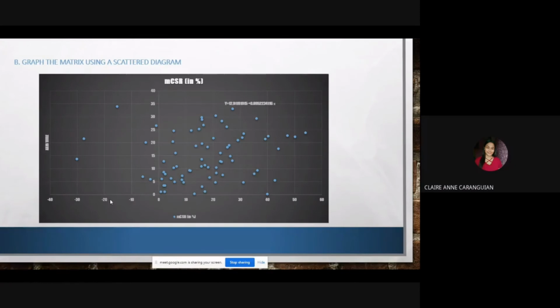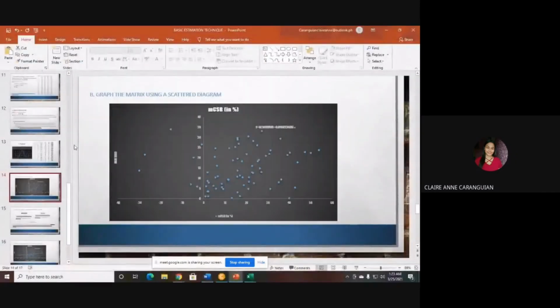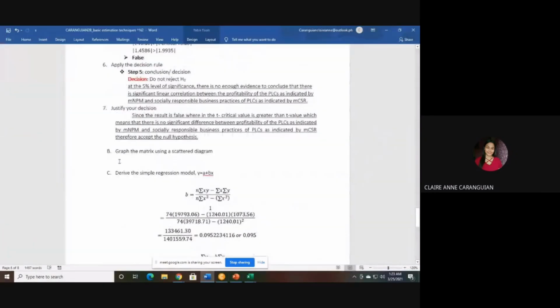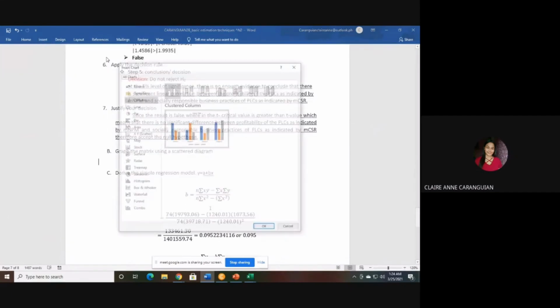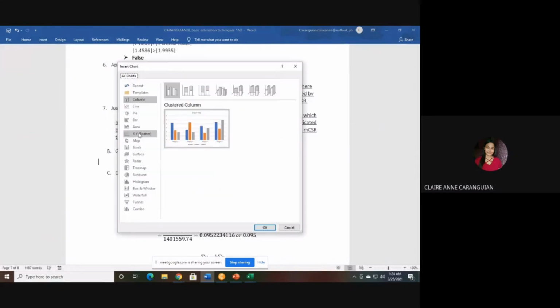So, the next requirement is to graph the matrix using a scatter diagram. This is our scatter diagram. I'll just show how the diagram was made. The chart we will use is the scatter diagram. Click insert, then chart. Look for the scatter.